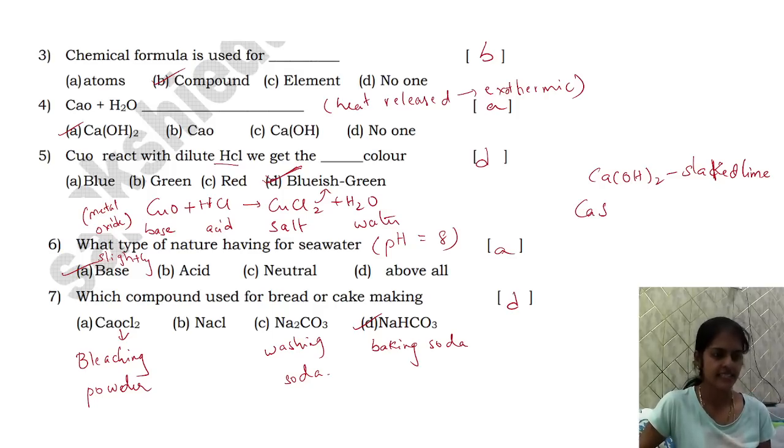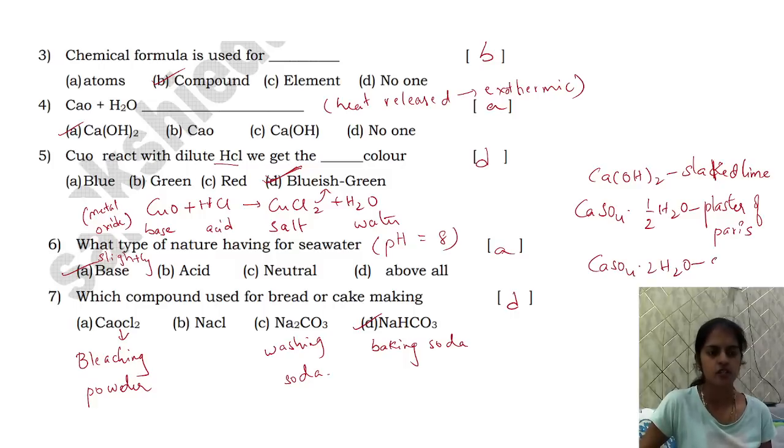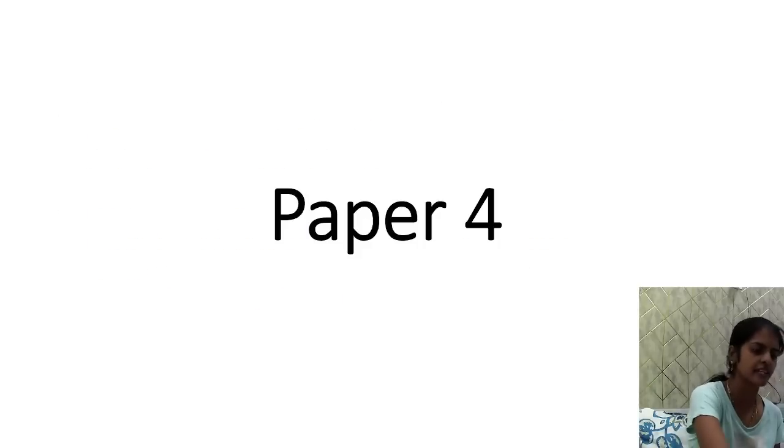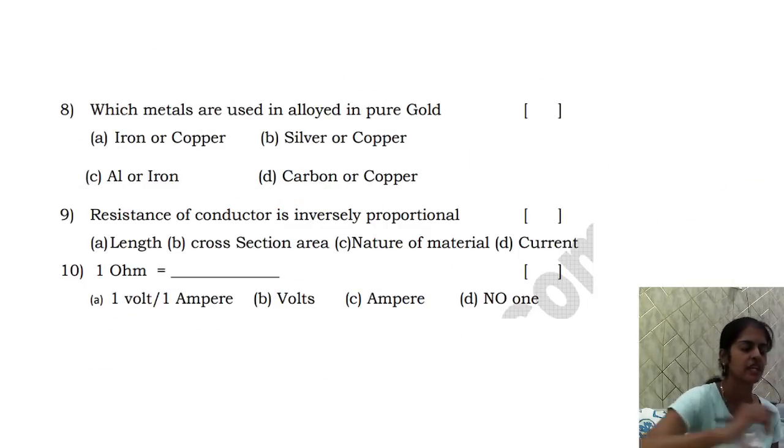Then CaSO4·½H2O is plaster of Paris. Remember all this, and remember the uses of this also. And CaSO4·2H2O is gypsum. This PDF I will upload on the mathfacilitator.com website. Please check it out. Learn nicely.